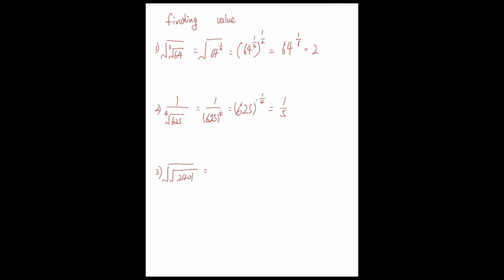And number 3, for the first part, we can write 2401 to the power of 1/2, and then raised to 1/2, and it equals 1/4, and the answer is 7.